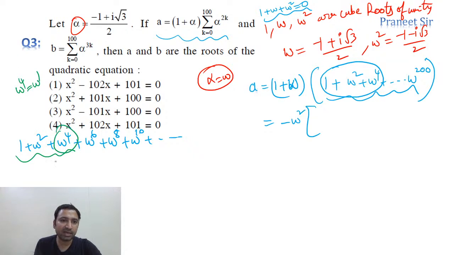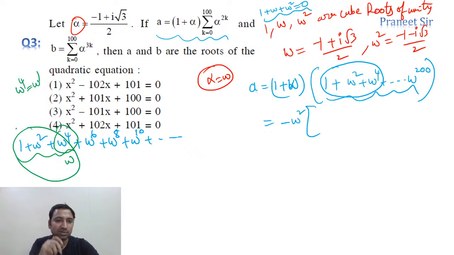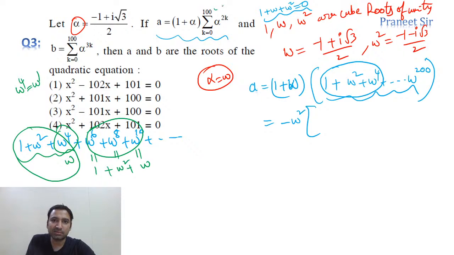So in place of omega power 4, I can substitute omega. So 1 plus omega square plus omega is 0. Same way, this is becoming 1, this is becoming omega square and this is becoming omega. Again 1 plus omega square plus omega, this is also 0. 3 terms getting 0, guys. Out of total 101 terms, 3 terms 0. That means 99 terms 0.